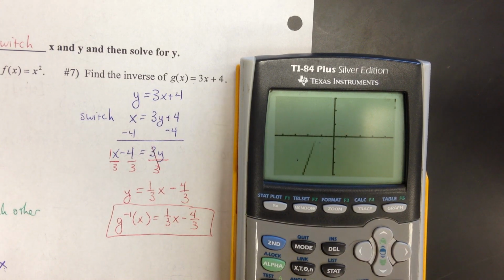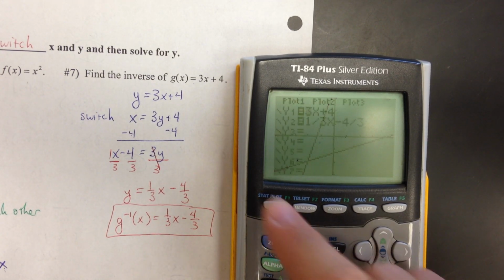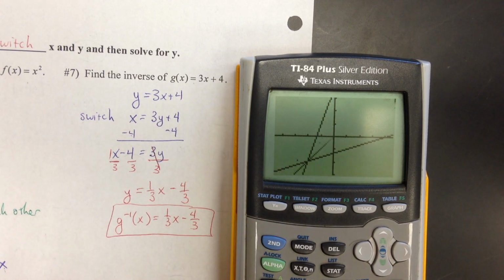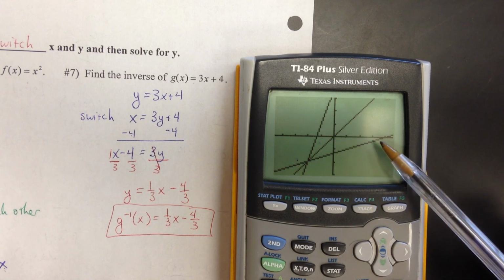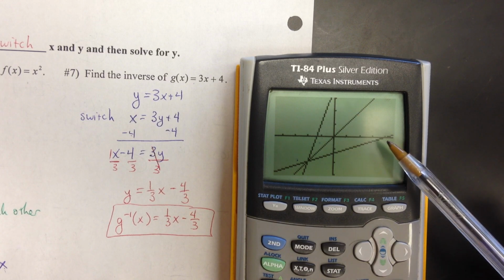You could do zoom standard. There's the first one. There's the second one. If I also go y equals x, which is that line of symmetry there, look how this one would fold right onto here. So visually, I can tell that these are inverses.